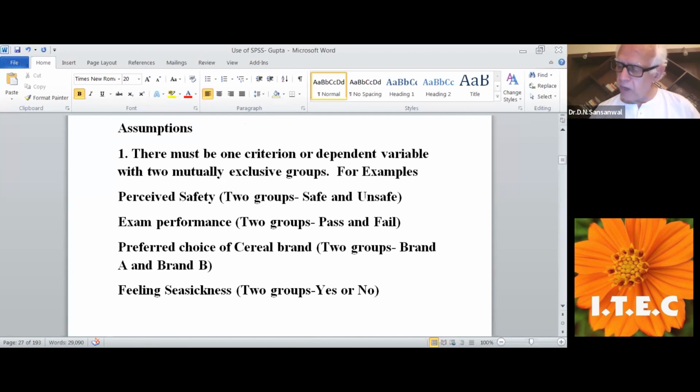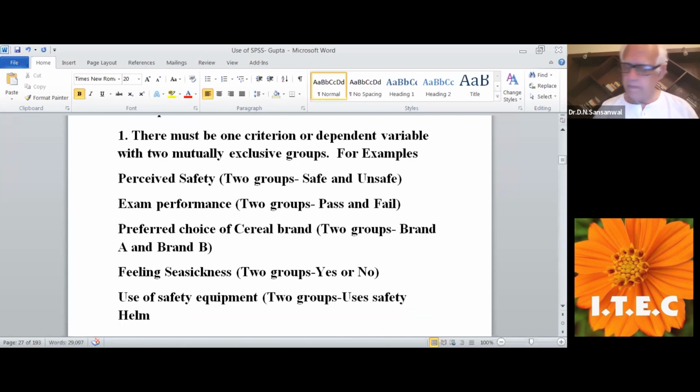Another can be use of safety equipment. And use of safety equipment will be uses safety helmet, and does not use safety helmet.